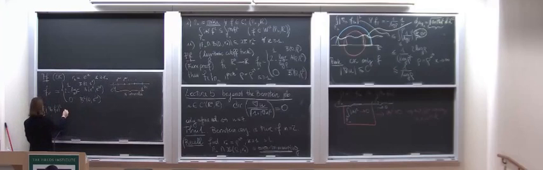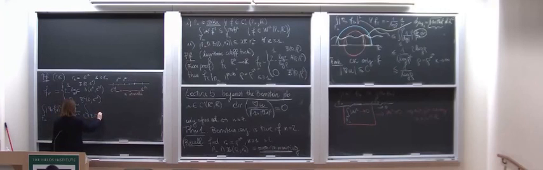This will be controlled by the sum for L between n and 2n minus 1 of the integral on the graph intersected with the ball of radius e to the L plus 1 minus the ball centered at the origin and having radius e to the L of the same thing.